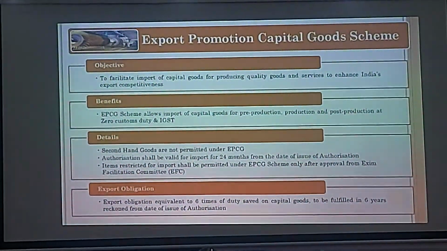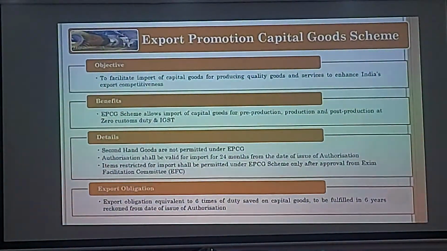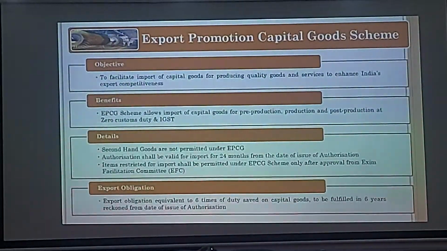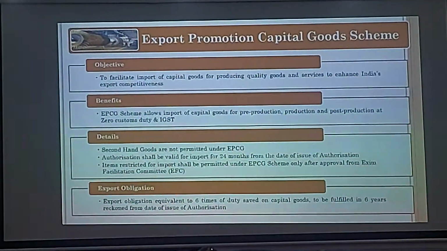Do I get an extra year for that process? No, specifically for R&D, there is no extension of the export obligation period, but the export obligation can be extended. There is a provision in the policy to give extension.